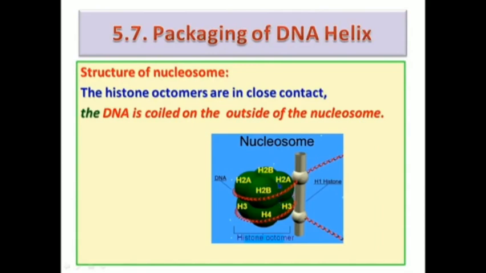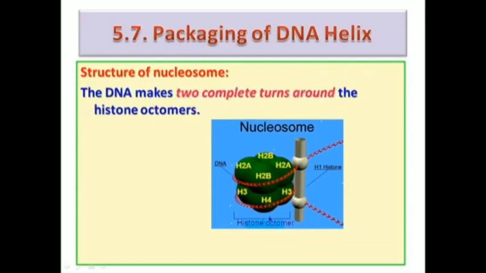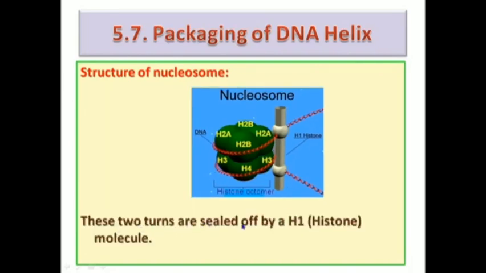The histone octamer is in close contact. The DNA is coiled on the outside of this nucleosome. The DNA makes two complete turns around the histone octamer. It makes two complete turns. These two turns are sealed off by this H1 molecule.